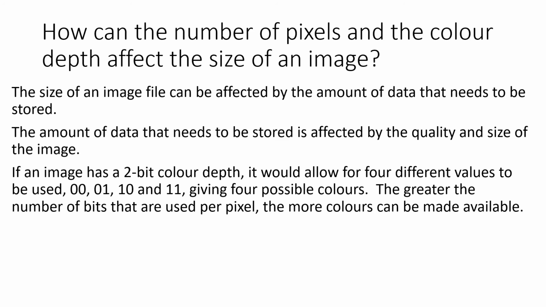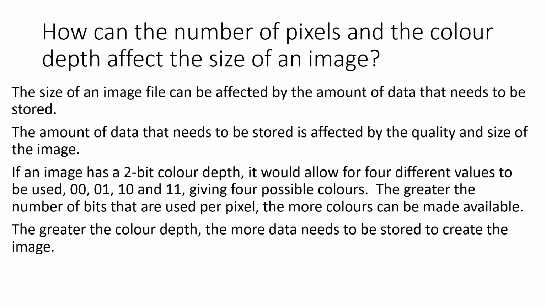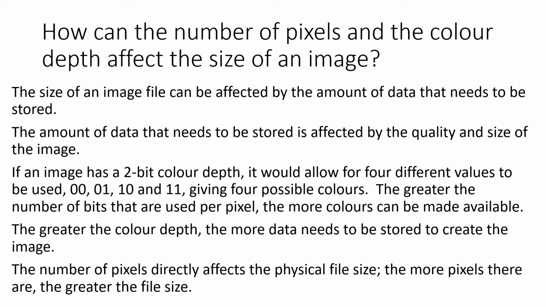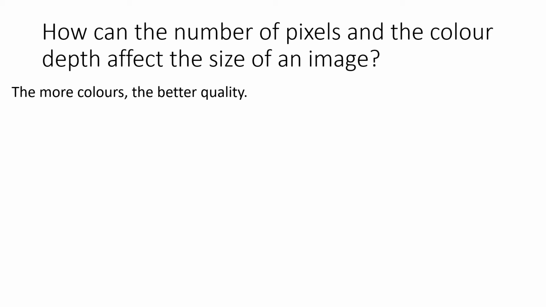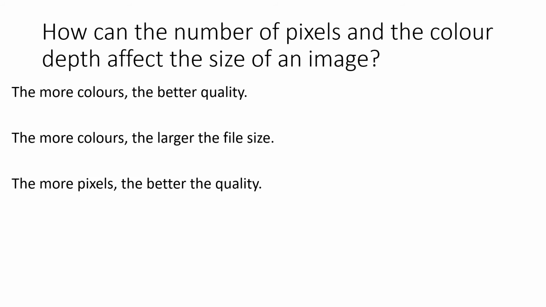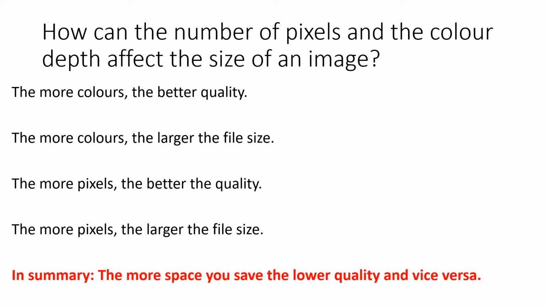But that means more data needs to be stored, so the size of the file is going to get bigger. The more colors, the better quality. The more colors, the bigger file size. The more pixels, the better quality. The more pixels, the larger file size. So, in summary, the more space you save, the lower the quality, and vice versa.